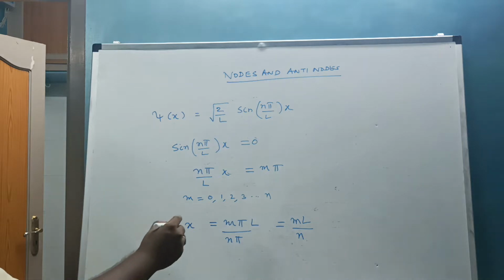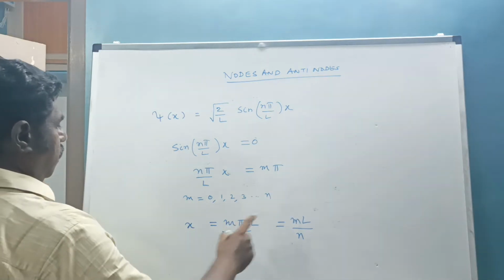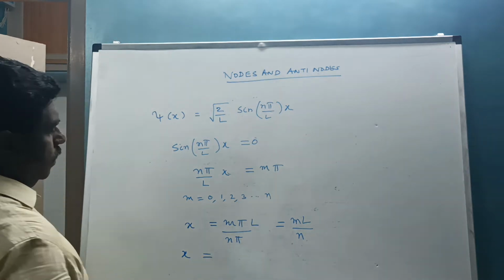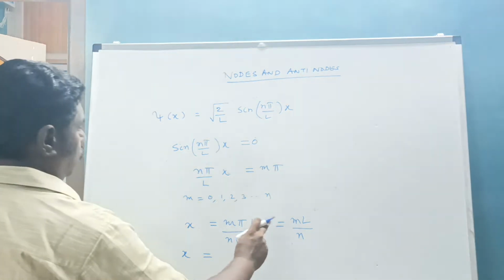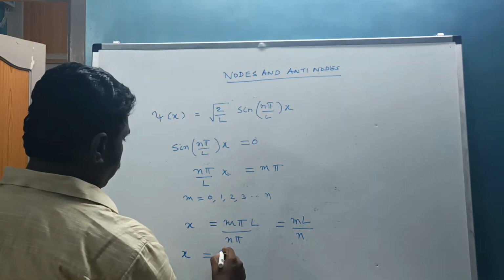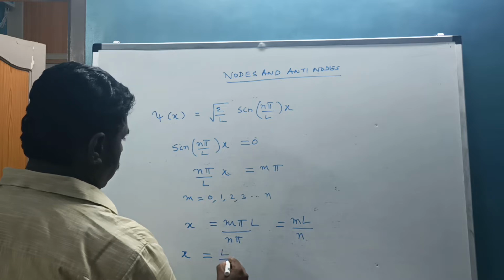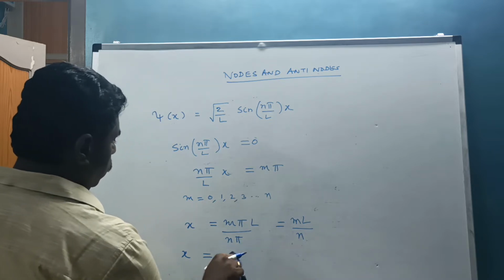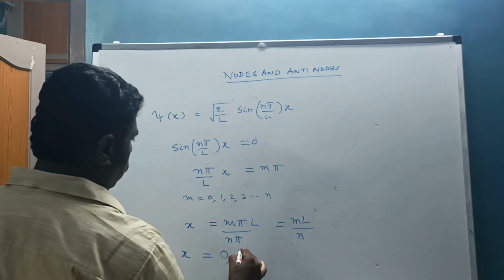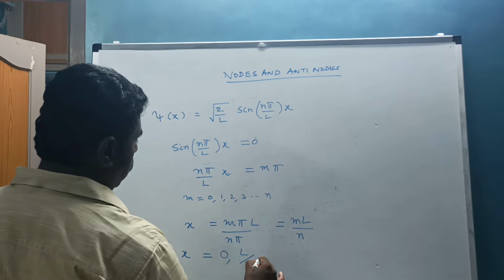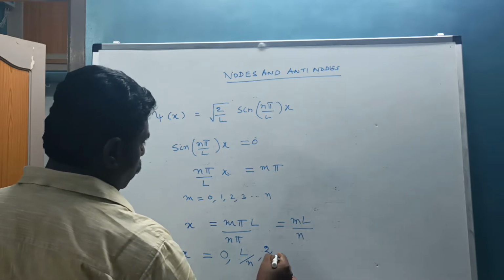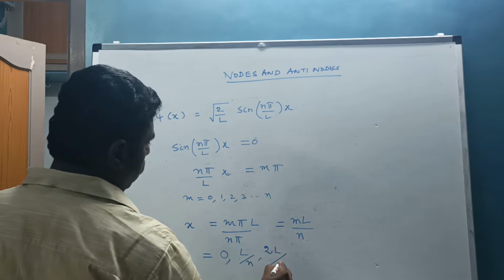If you put m equal to 0, 1, 2, 3 up to n, we can get different values of x. If you put m equal to 0, we get x equal to 0. If you put m equal to 1, you get L by n. If you put m equal to 2, we get 2L by n.